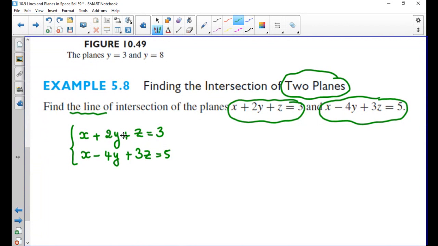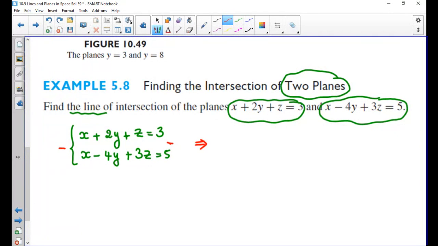So the way we do that is, let me subtract. Let me put minus. So first one minus the second one. What will we get on the left side? The x will cancel.